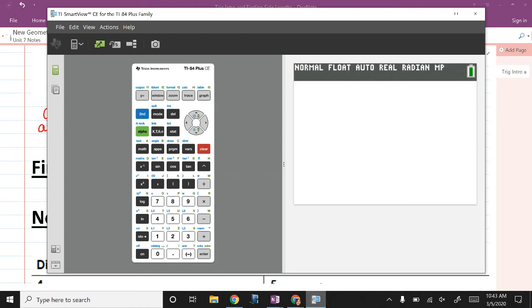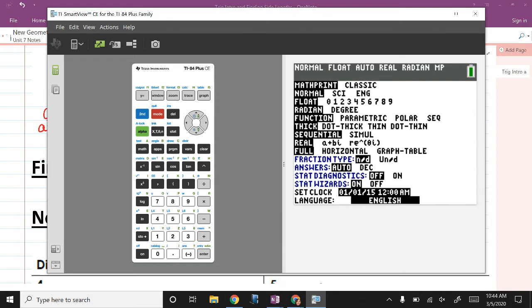Turn the calculator on. Everybody have a little flashing cursor on there saying it's on. To check your mode, you're going to hit the mode button. Y'all know where the mode button is? It's right next to the second button, on the second row from the top, technically.